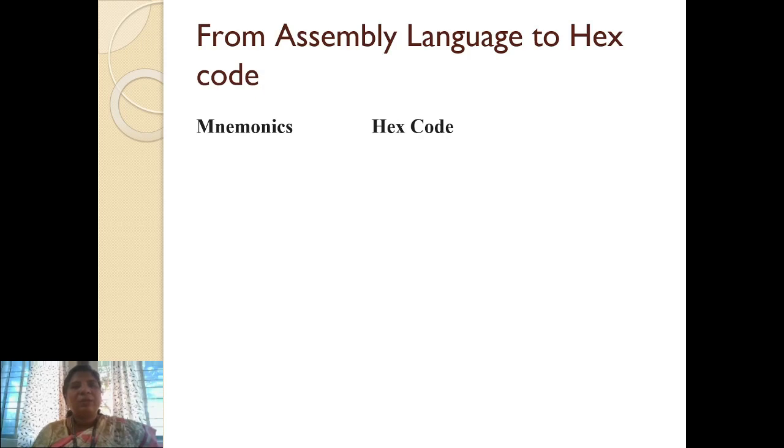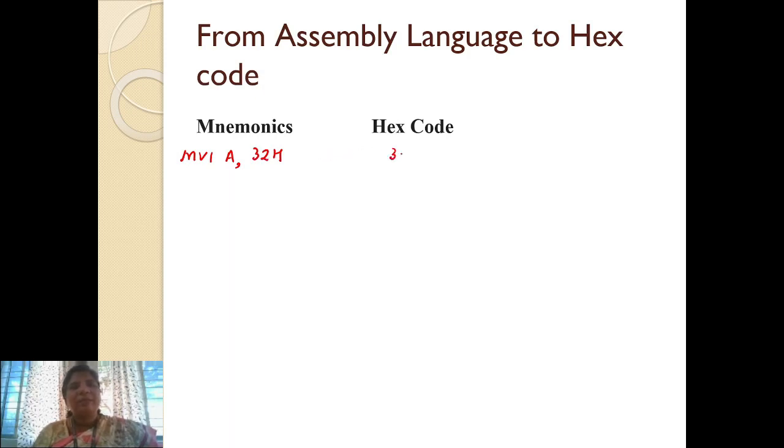Now we will convert the assembly language to hex code. The first instruction is MVI A, 32H. We will look at the manual, the instruction set, and write the hex code.